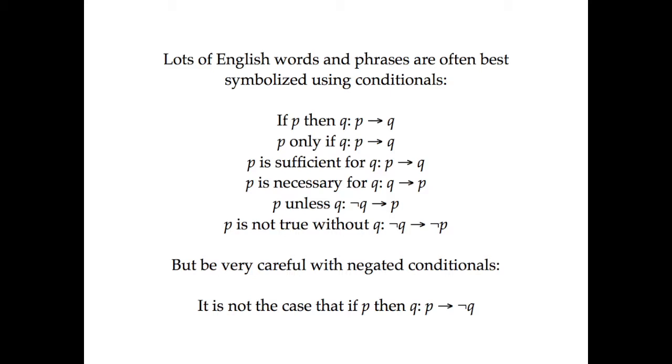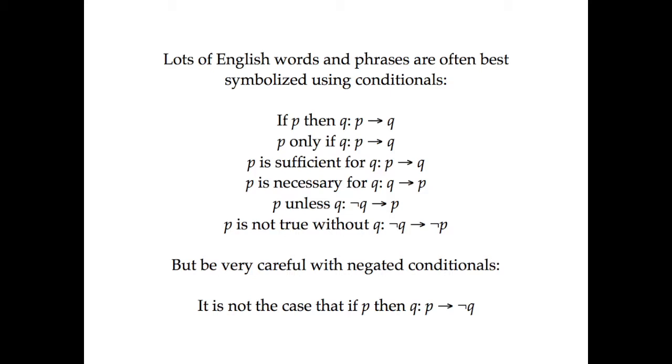So the statement, if P then Q, that's symbolized P arrow Q. If someone says P only if Q, that is also symbolized P arrow Q. Okay, be careful with this one, because if someone says only if Q, then P, that's P arrow Q. Okay, the arrow points toward the letter that comes after the only if.